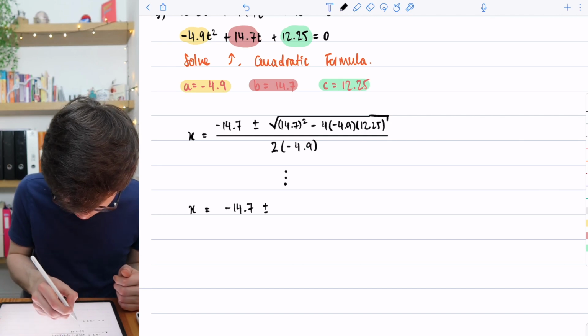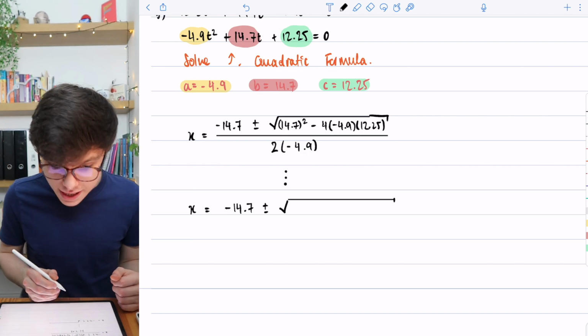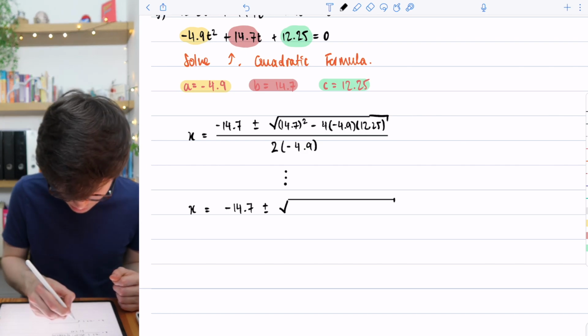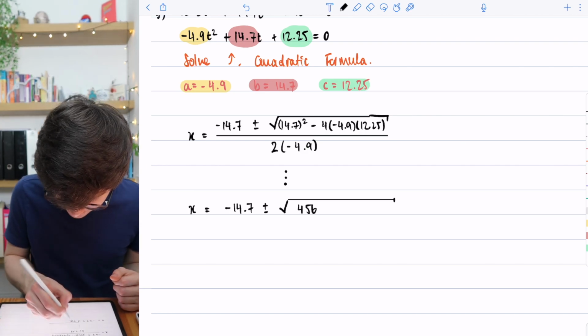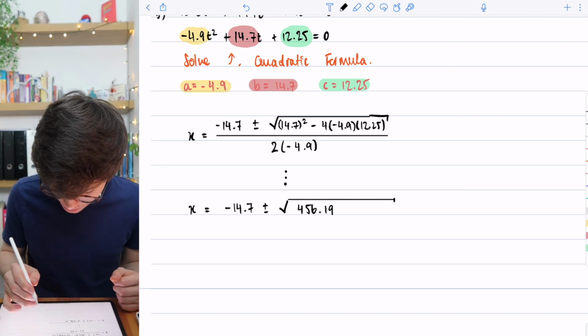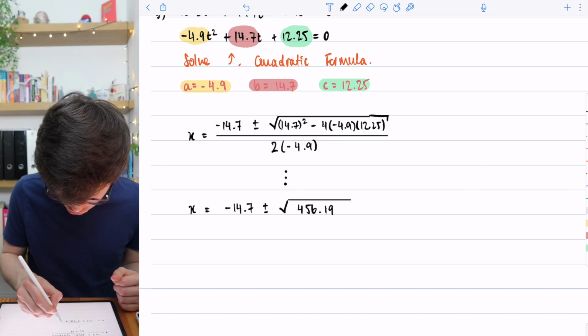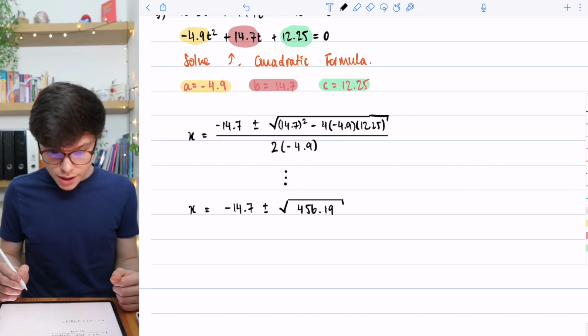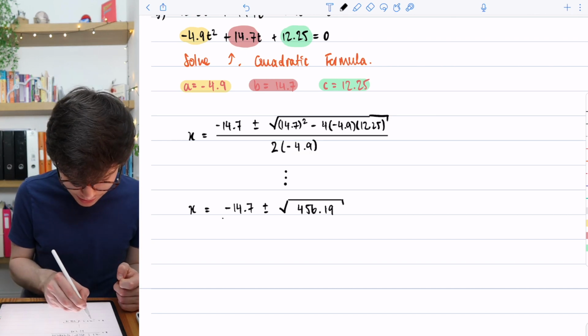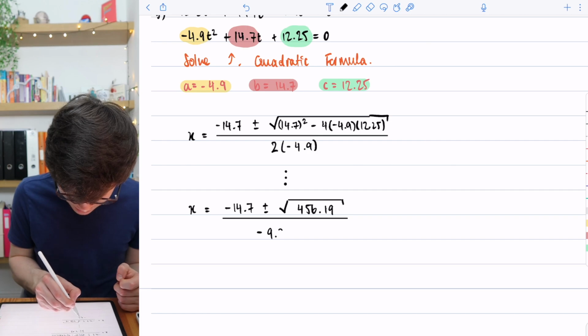Then we get plus or minus the square root of 456.19, divided by 2 times minus 4.9, which is minus 9.8.